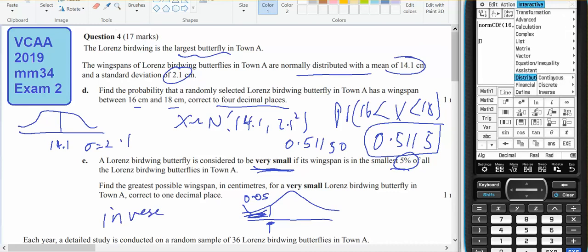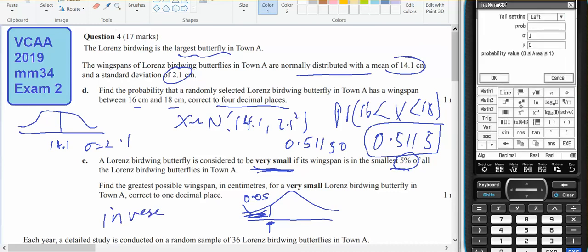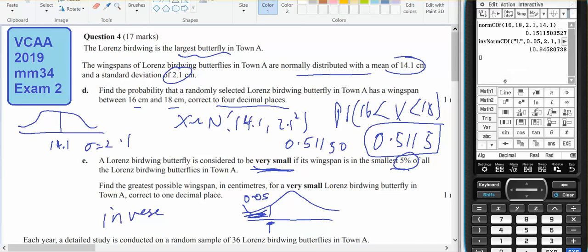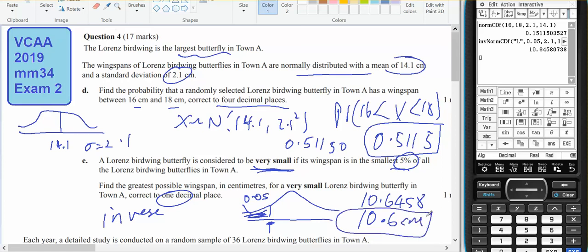So distribution, inverse normal CDF. It is left, probability is 0.05. The 2.1 is the standard deviation and 14.1 is the mean. So 10.6458, 1 decimal place is 10.6 centimetres is what we're looking for.